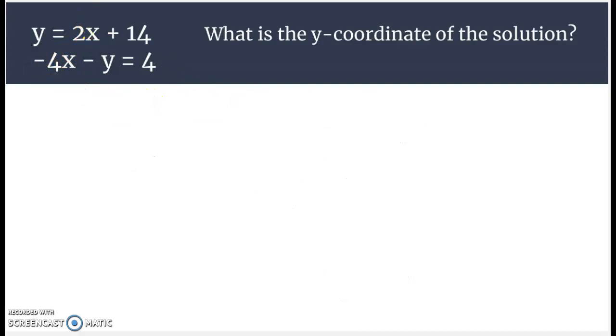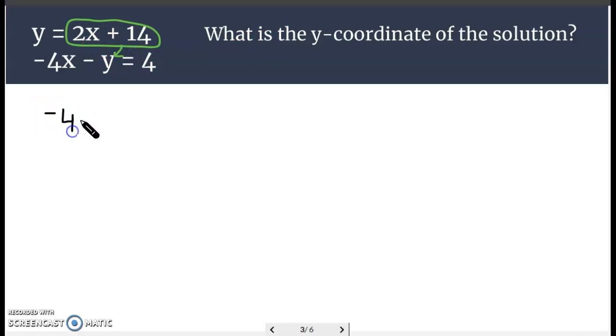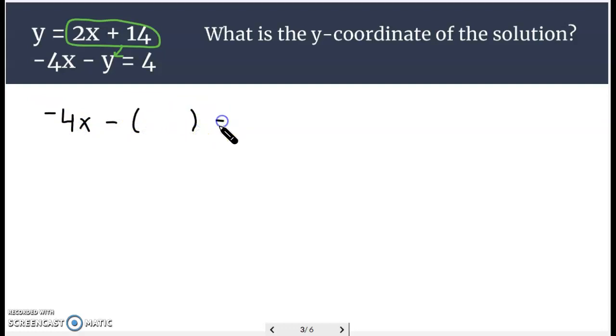Notice the y is by itself, 2x plus 14. And I'll substitute that in for y right here. So I'm going to rewrite that second equation. Okay, y was right here. I'm not going to use y though.